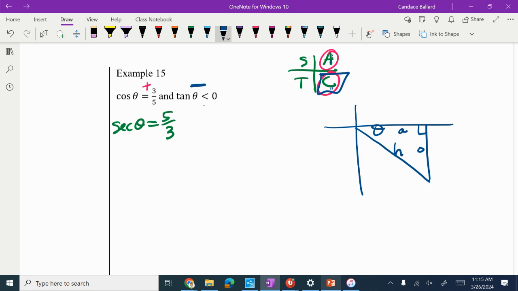Okay, here's the next piece, and I know you can do this. I want you to label your sides. Okay, now that your sides are labeled, if you haven't gone and done it yet, do the Pythagorean theorem.